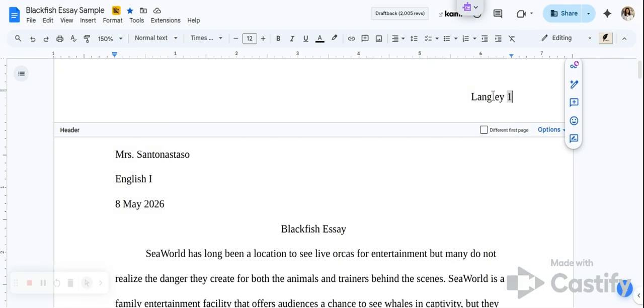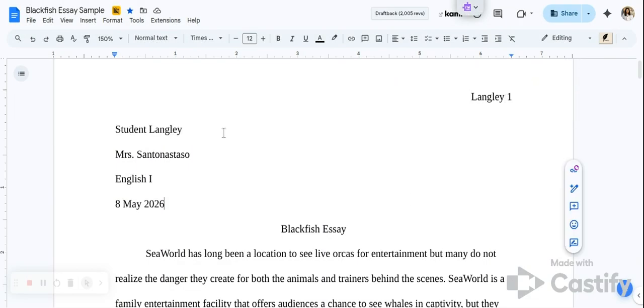You have the student's last name, and there's a space between the last name and the page number. The alignment is all the way to the right-hand side, and the last name and page number have a single space between them. Once that's done, I click out and we are formatting the document.